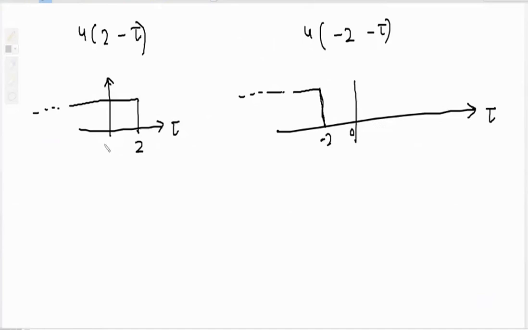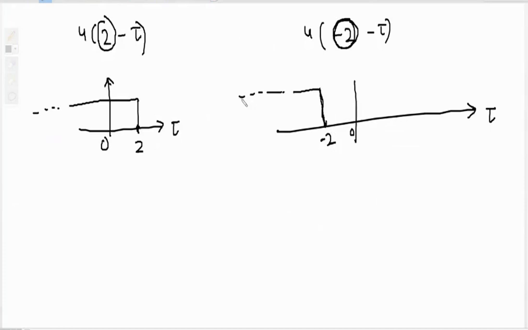So observation is that when this number is positive, plus 2 is a positive number, right? So when this number is positive, signal will start from positive side and it will go towards left side. When this number is negative, minus 2 is a negative number, right? So when this number is negative, signal will start from negative side and it will go towards left side.